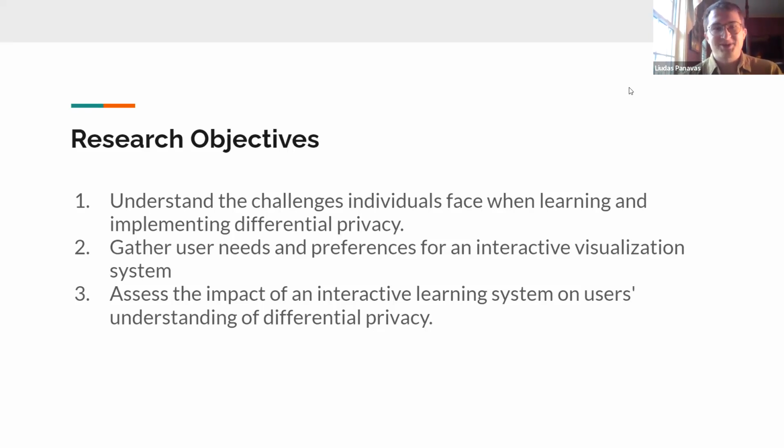And then after we gather these user needs and preferences, how do we actually implement that into an interactive visualization system? What kind of visual components do we need? What kind of explanations need to go in? And then finally is evaluating an interactive learning system on users' understanding of differential privacy. So to test whatever we build and see what worked, what didn't.